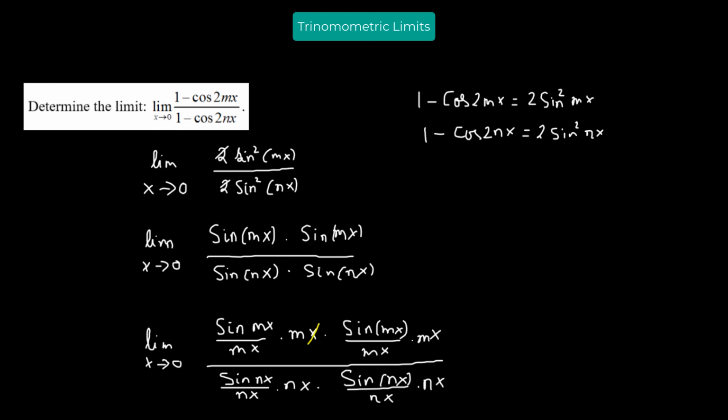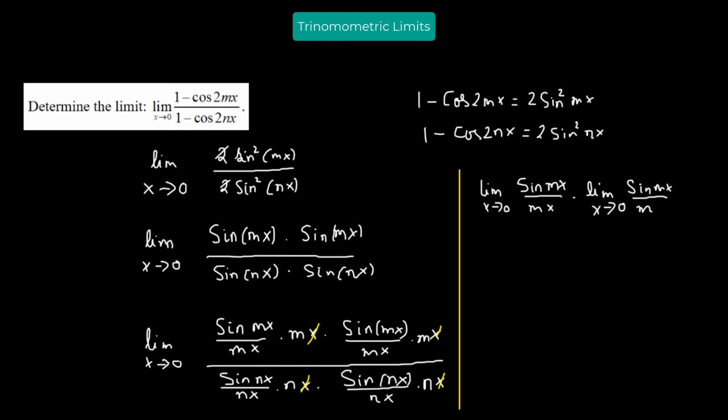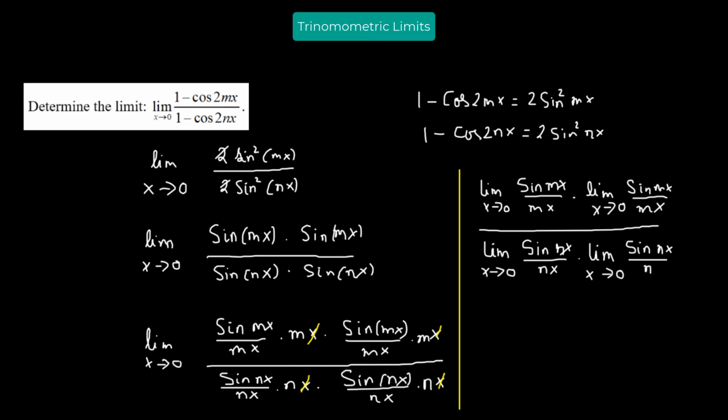So here we cancel out the common factor, which is x squared, and that leaves us with limit x tending to 0 sine mx over mx times limit x tending to 0 sine mx over mx, divided by limit x tending to 0 sine nx over nx times limit x tending to 0 sine nx over nx, and we have the remaining terms, which is m squared over n squared.